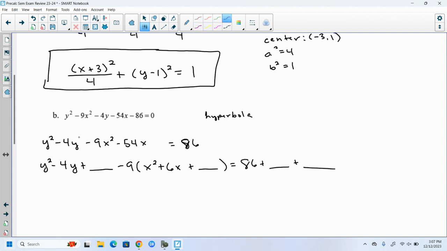All right, in completing the square, half of negative 4 is negative 2. When I square that, I get 4. No number in front to multiply it by, so that's just a 4. Half of 6 is 3. Squared, I get 9, but it's being multiplied by negative 9, which means I need to add negative 81 total.